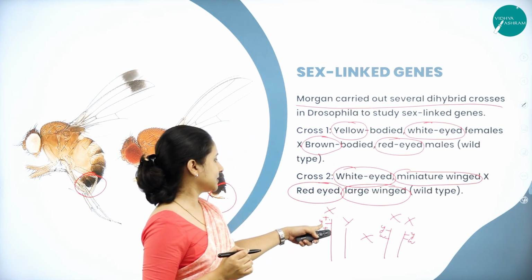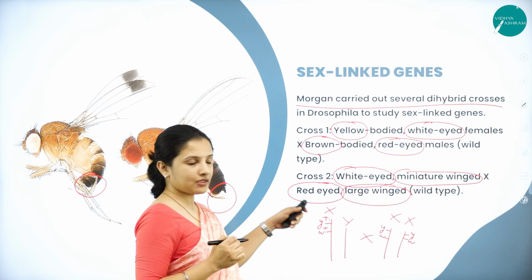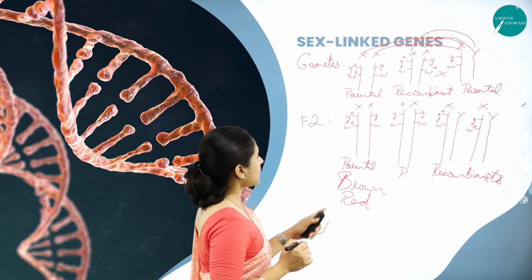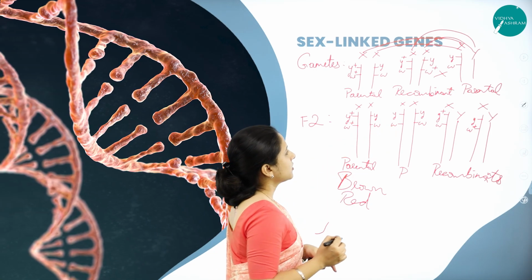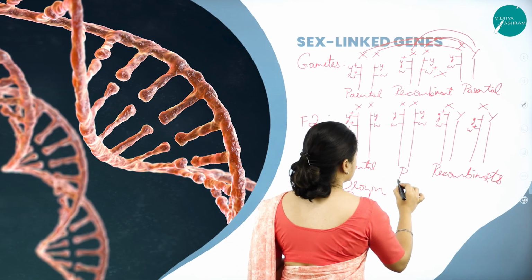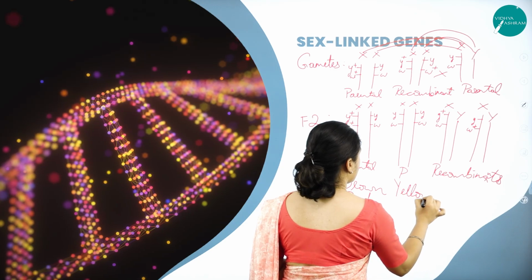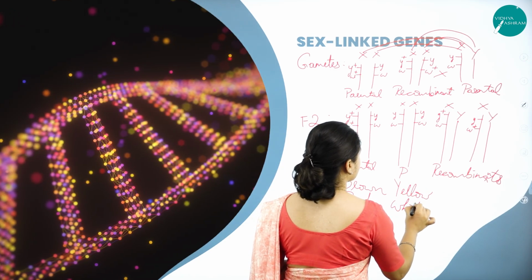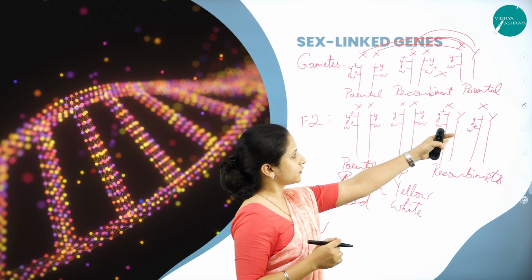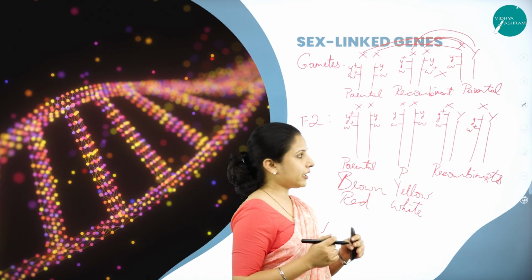Brown body, red eye is represented by Y plus and W plus. Here again we have yellow body, white eye. Progenies of the F2 generation wherein they are male.